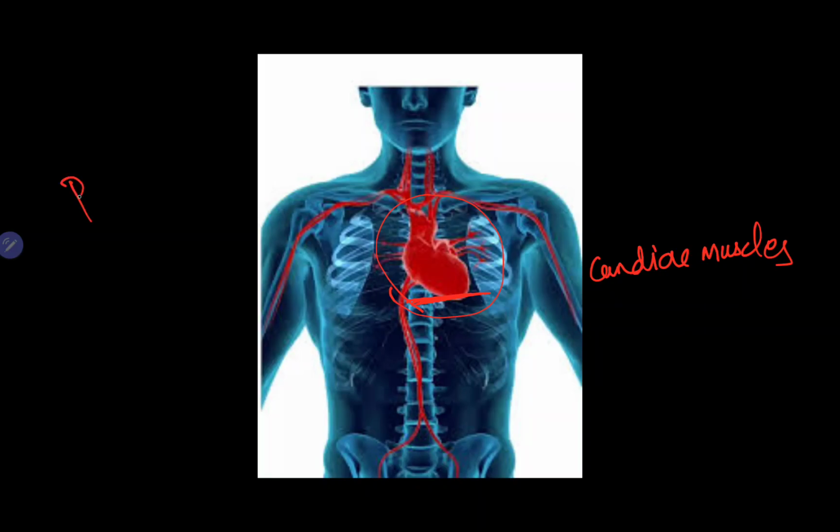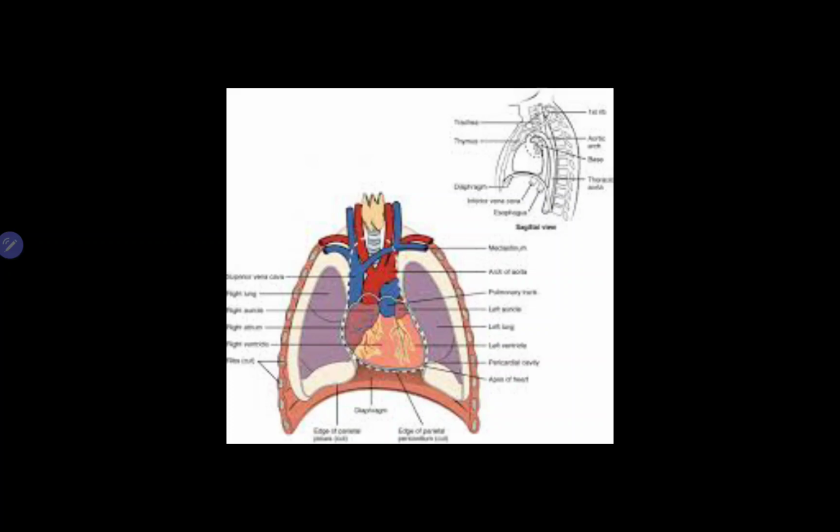Now let's start with the position of the heart, where the heart is situated in the human body. The human heart is located between the lungs. Here is the image. These are the two sides where the lungs are present, and in between the two lungs is the thoracic cavity, and inside this thoracic cavity the heart is situated. The heart bends slightly towards the left side.